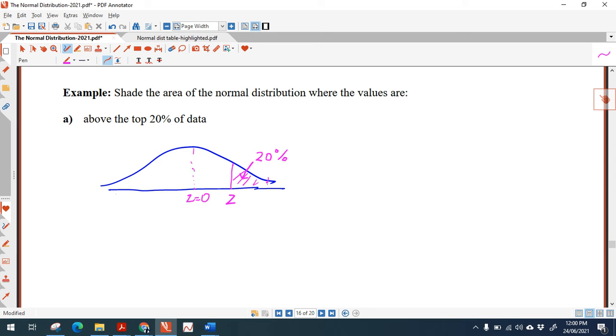Okay, which means that this section here, to the left of that, will be 80%.